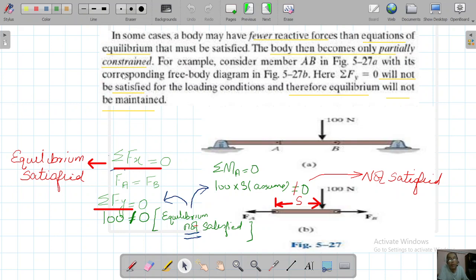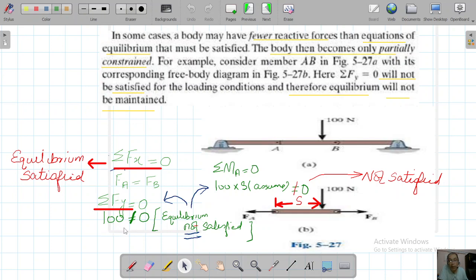If you look at this member AB and draw its free body diagram, sigma Fy equal to 0 will not be satisfied. This is Fa, this is Fb. You can satisfy sigma Fx equal to 0, Fa equals Fb, but when you apply sigma Fy equal to 0, it cannot be satisfied.